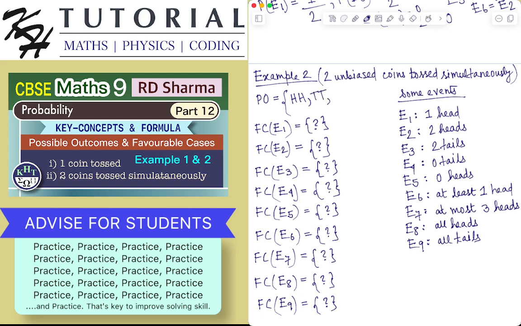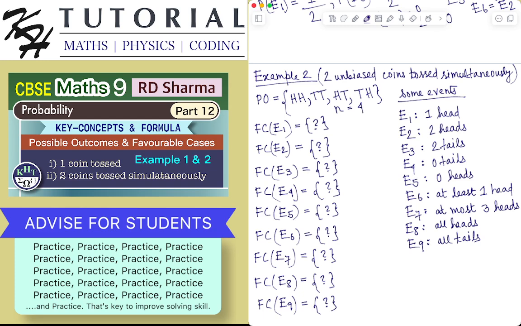The first coin shows up head, the second coin shows up tail, and the first coin shows up tail, and the second coin shows up head. There are only 4 possible outcomes of this random experiment, which is tossing two unbiased coins simultaneously. So in this random experiment, small n, total number of outcomes is 4.